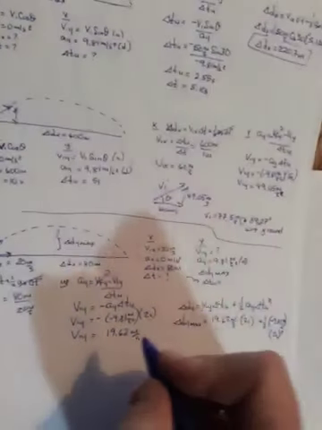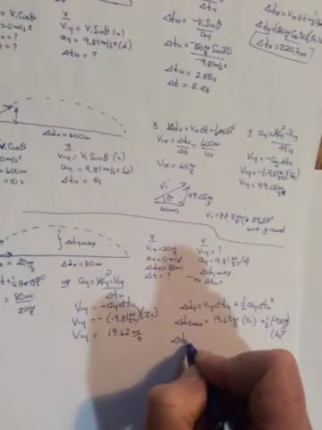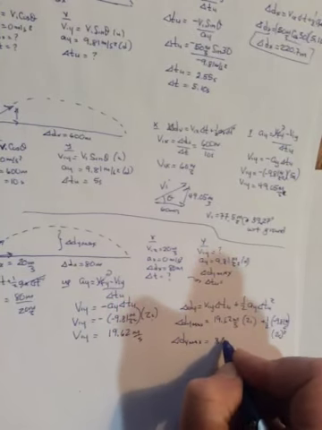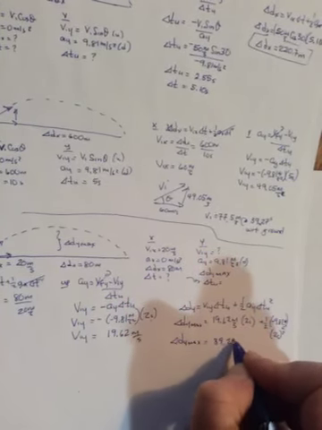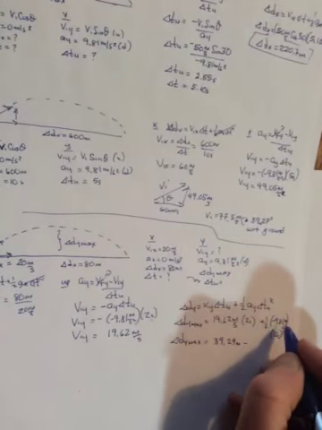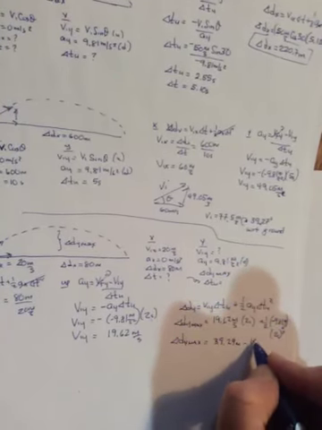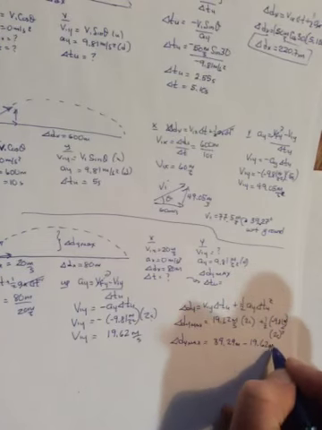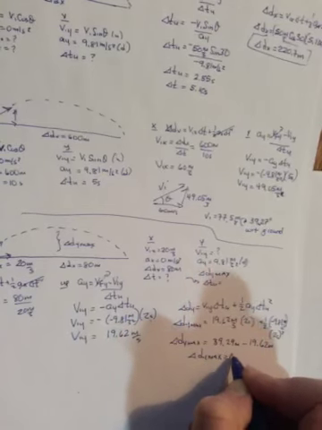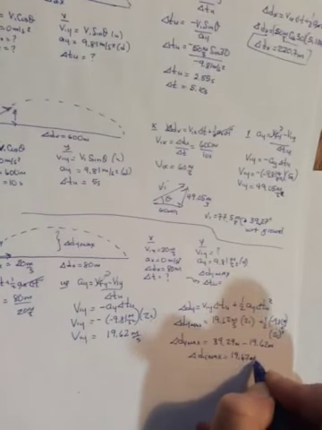So delta dy max is going to equal 39.24 meters minus, 2 squared is 4, half of 4 is 2, minus 19.62 meters, and we get our delta dy max to be 19.62 meters.